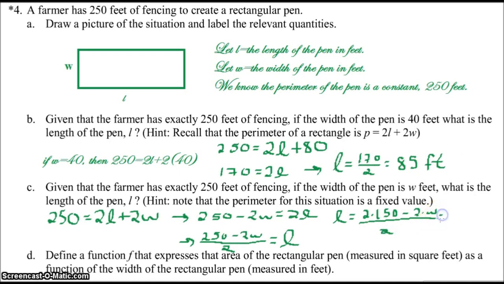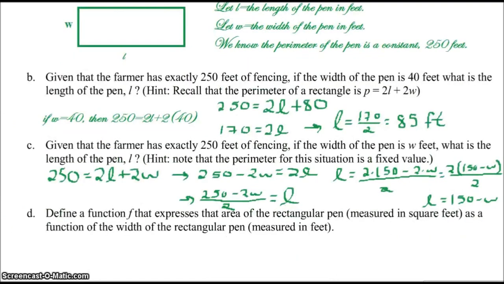We can factor out that 2 on the top. 2 times 125 minus W, that's reverse distribution, over 2. 2 divided by 2 is 1, so we're left with our length being 125 minus W. 125 minus the width. And that kind of makes sense in terms of our picture here.